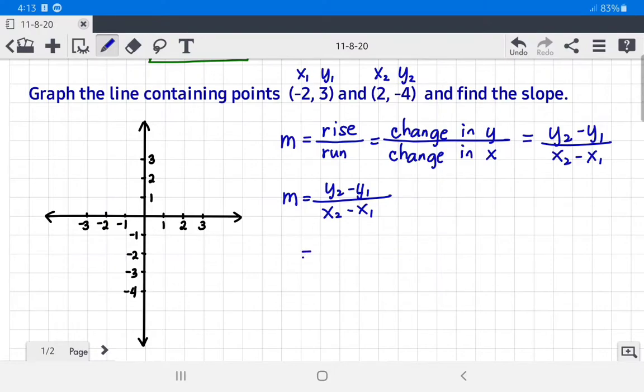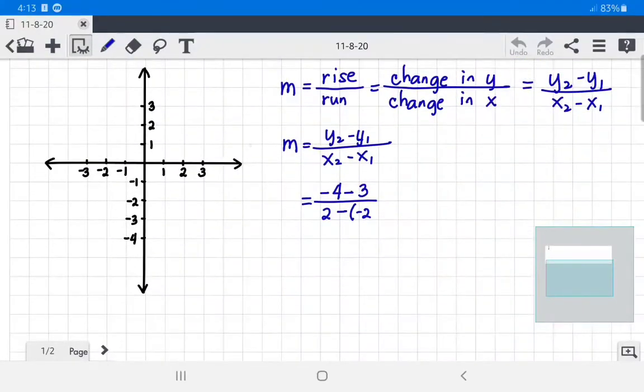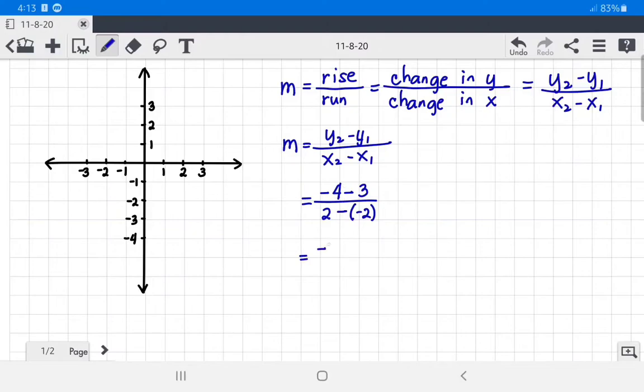Let us substitute. We have y2 is negative 4 minus y1 is positive 3, over x2 is positive 2 minus x1 is negative 2. Then let us simplify. We have negative 4 minus 3, this is negative 7, over 2 minus negative 2, so we have positive 4.